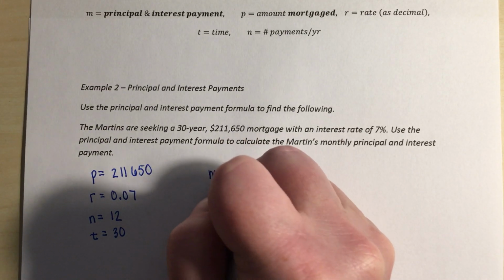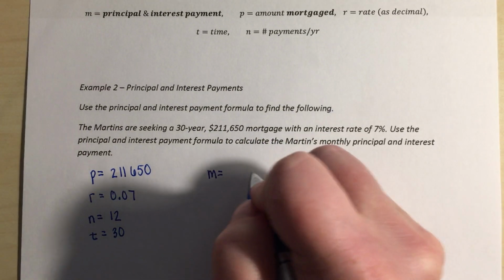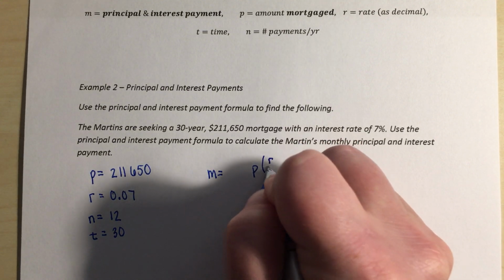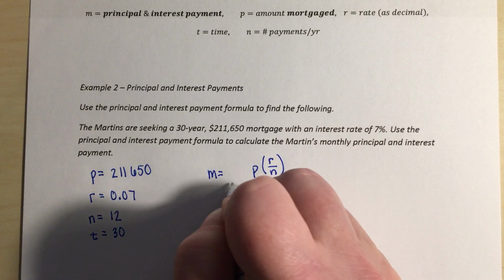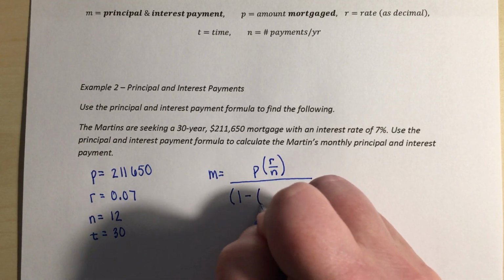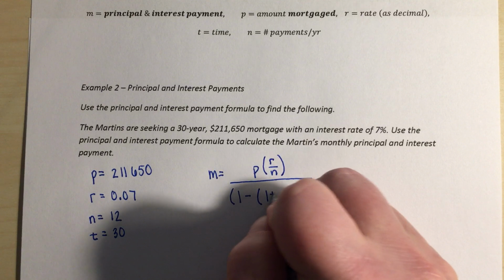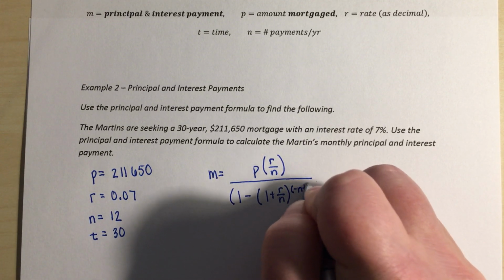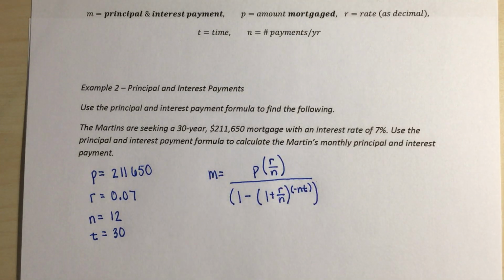Right, so using the formula above for our installment loan, up top we have P times R over N. In the bottom we have 1 minus, in parentheses, 1 plus R over N, to the negative NT, all in parentheses.